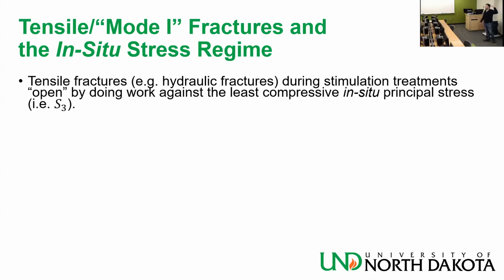It can be SH min. If you are in a normal faulting stress state, it can be SV. If you are in a reverse faulting stress state or a strike slip faulting stress state, if you are near a wellbore, it would be either sigma theta theta, sigma ZZ, sigma RR, whichever of the three is the least compressive, most tensile.